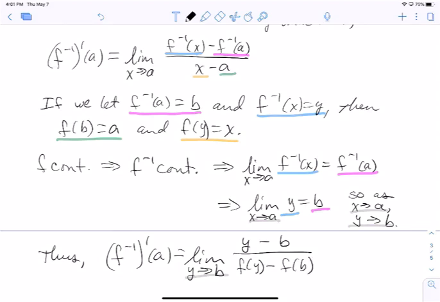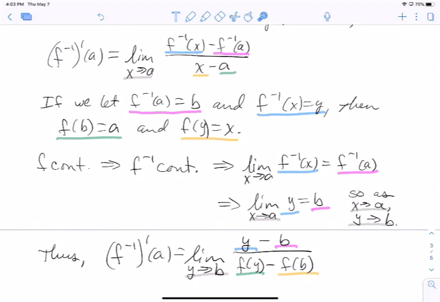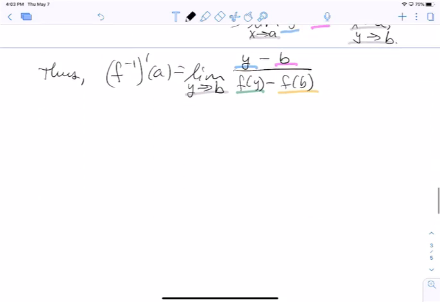Here are the colors. So what we had originally written as the limit as x approaches a of f inverse of x minus f inverse of a divided by x minus a then gets replaced by the limit as y approaches b of y minus b over f of y minus f of b. Now I'm going to do something that may be a little bit weird. We're going to consider 1 divided by the reciprocal of that.